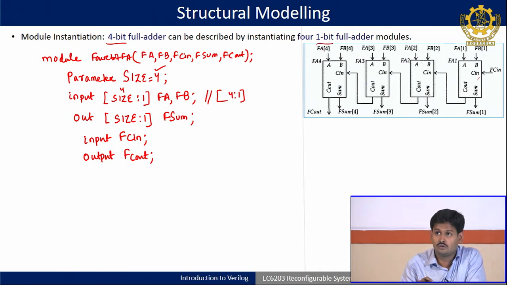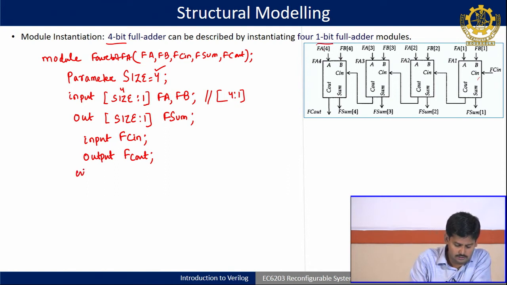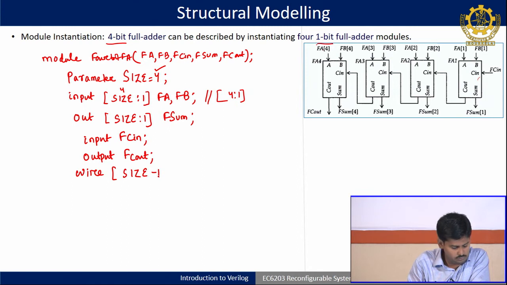Okay, now once input and output are declared, you have to think whether we have wire or register. As this is not behavioral modeling, register will not come into existence. So I am writing wire. For wire I am writing size minus 1 to 1, let's say f temp.